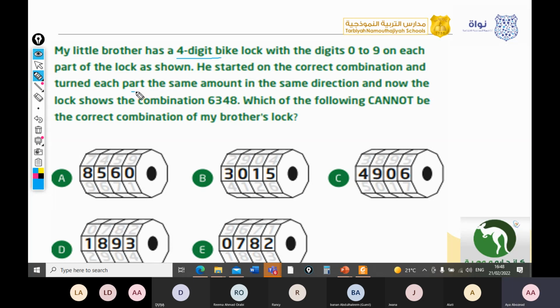This is the important word: the same amount and the same direction. Now look, the combination shown is 6,348. Which of the following cannot be the correct combination? The same amount with the same direction.